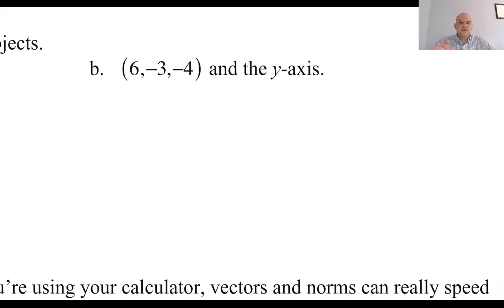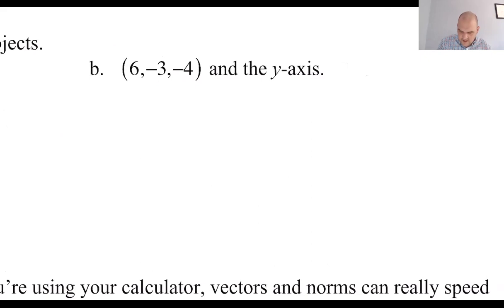All right. So this one, I might come back in another video and GeoGebra this thing for you to help it make more sense. We want the distance from 6, -3, -4 to the y-axis. This is hard to think about in 3 dimensions, so let's think about a 2-dimensional equivalent.